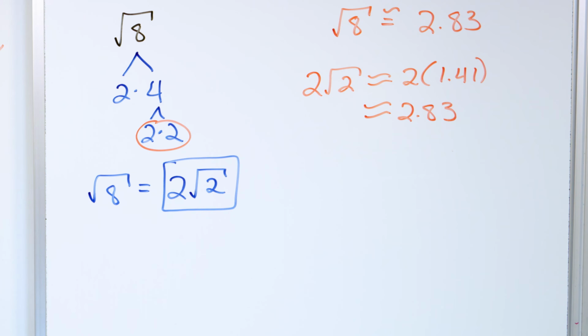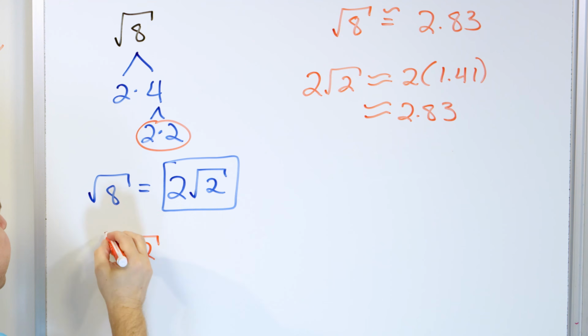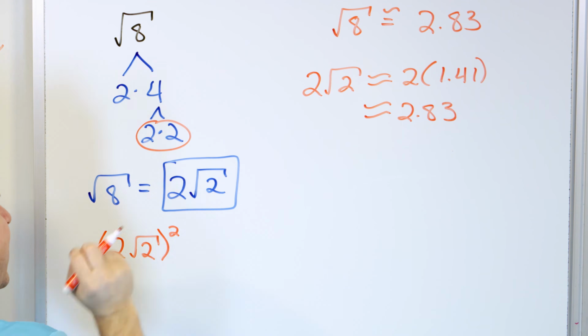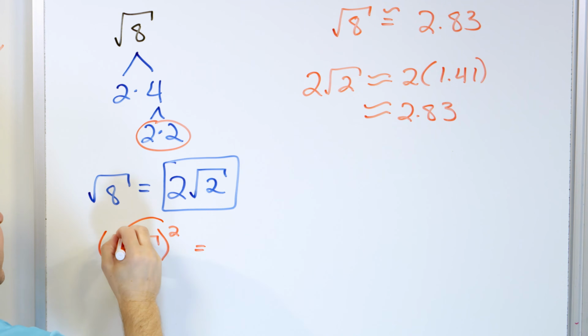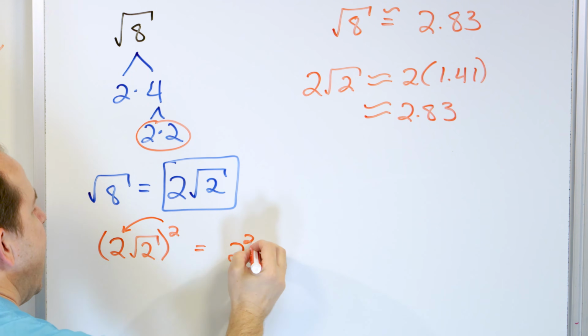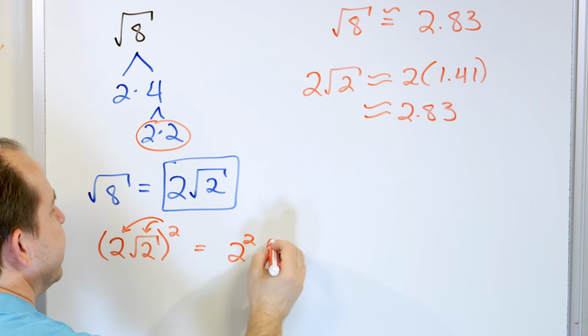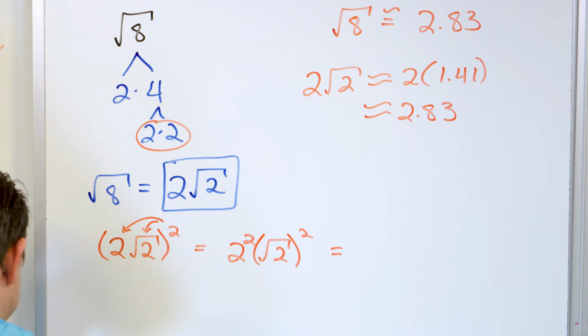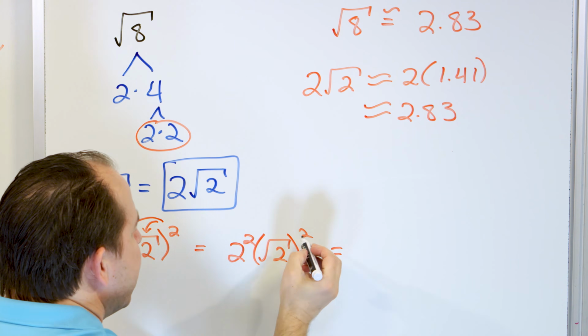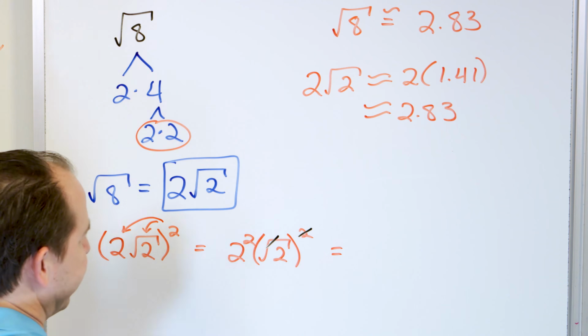Let's check this one. Okay. What we're saying is that if we take 2 times the square root of 2 and we turn around and square it, multiply it by itself, we should get this. The exponent goes in and applies to the 2, and the exponent also applies to the radical, so I'll wrap that in parentheses, right? And so this square is going to cancel with the square root that is there.